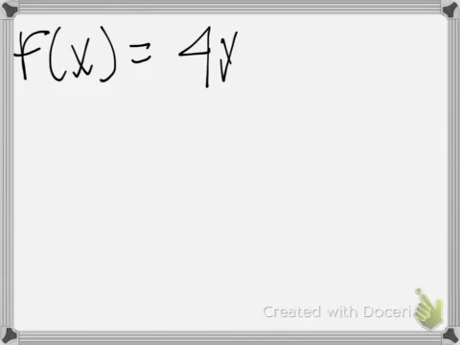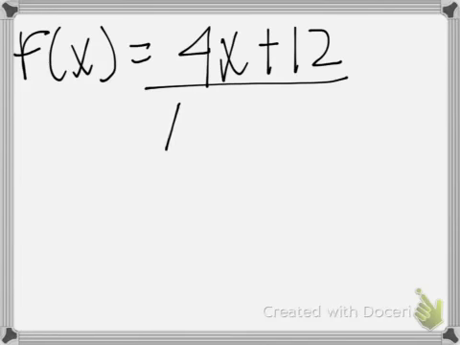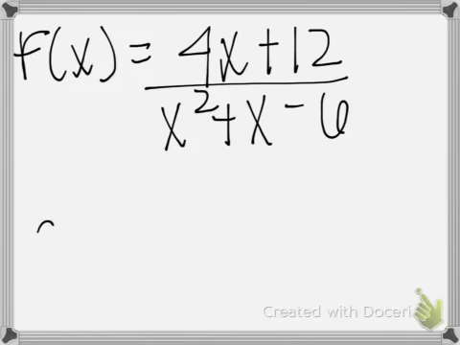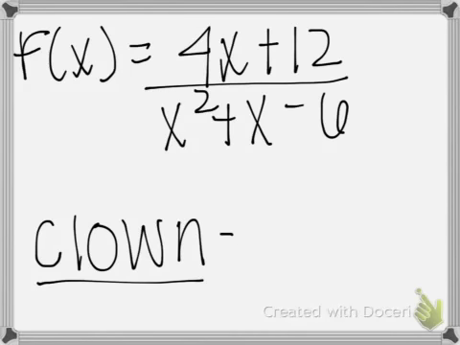So we're given the equation in standard form of f of x equals 4x plus 12 over x squared plus x minus 6. So first, we have to figure out what clown.